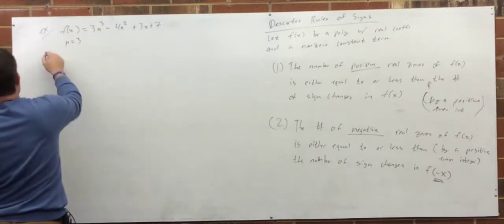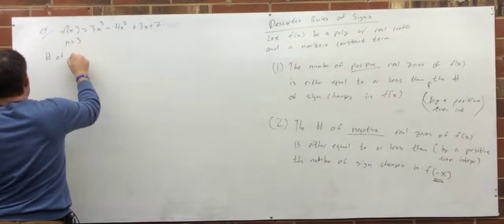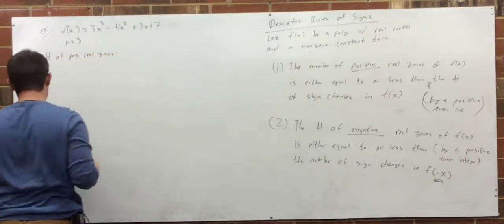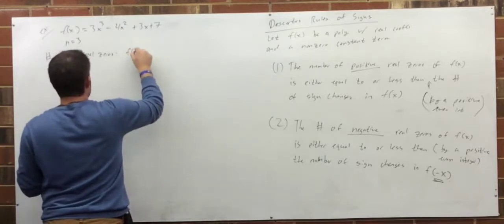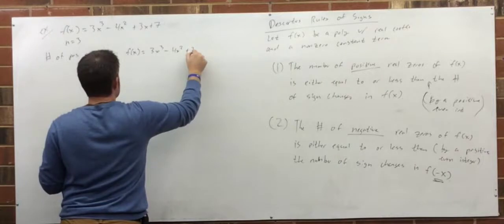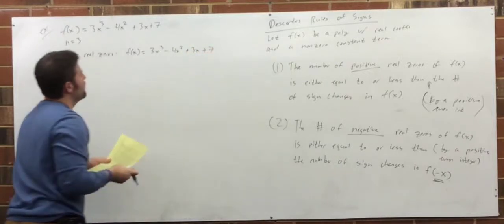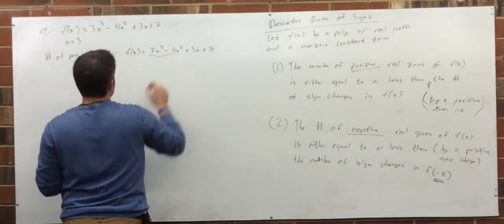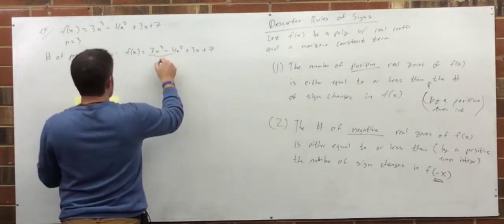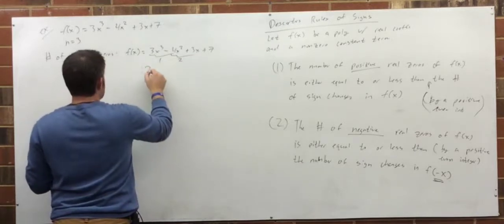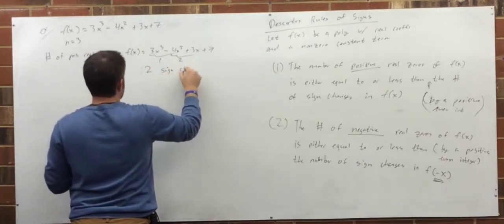So, we want to find the number of positive real zeros. We want to look at the number of sign changes in f of x. Here's one, we go from positive to negative. And then here's one, we go from negative to positive. So we have 2 sign changes.